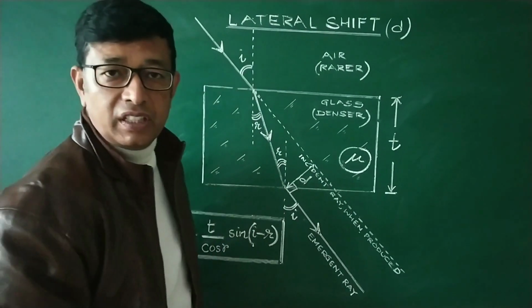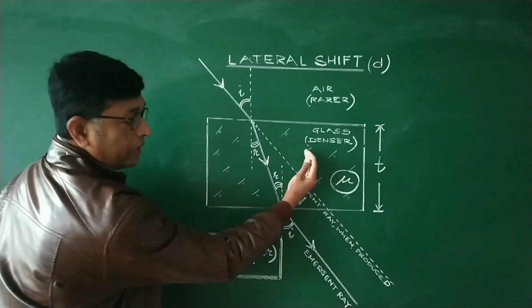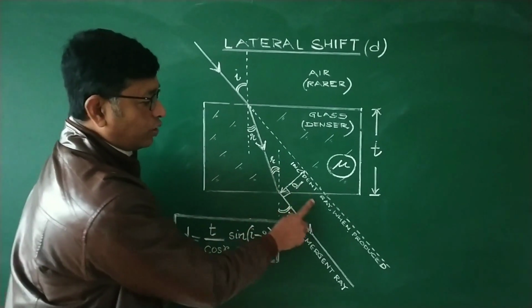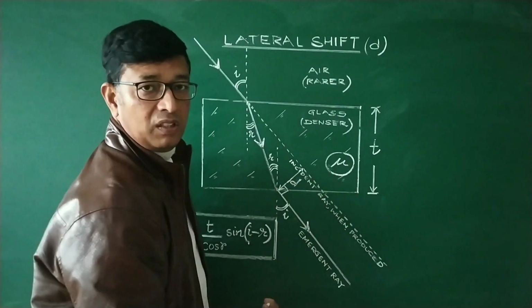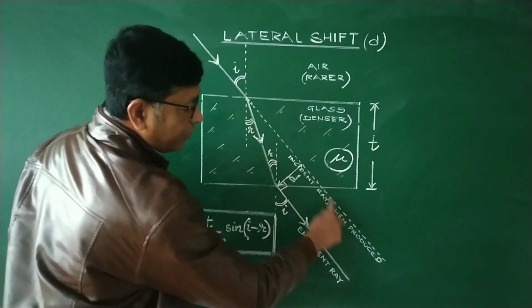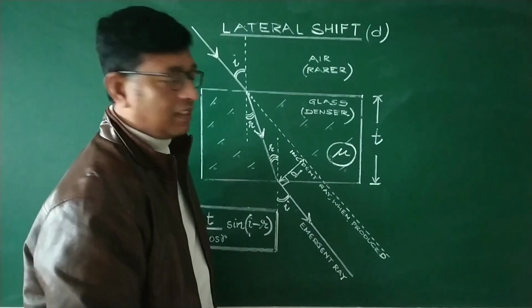Now as we are aware, when the ray of light is traveling from rarer to denser medium, it tends to bend towards the normal. And over here, when the ray travels from denser to rarer, it will bend away from the normal. In case it's a rectangular glass slab, then the incident ray when produced and the emergent ray, these two are parallel to each other, right?